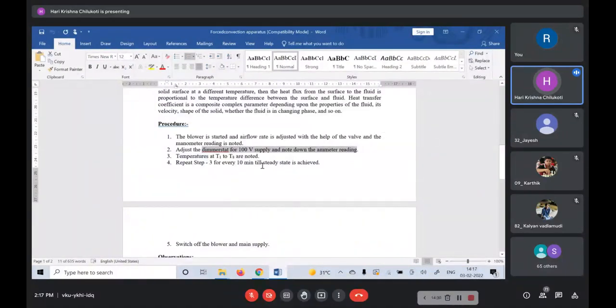After giving some constant amount of power to the heater, we will note down the temperature readings from T1 to T8. Six thermocouples are mounted on the test section region at different locations, and two other thermocouples are mounted, one before the test section and one after the test section, so that we can find out the temperature of the air before it enters the test section as well as after it leaves the test section.